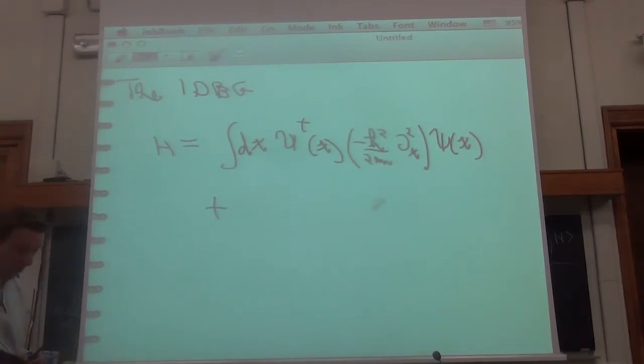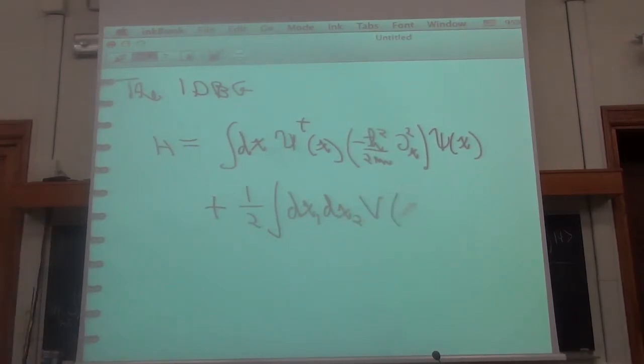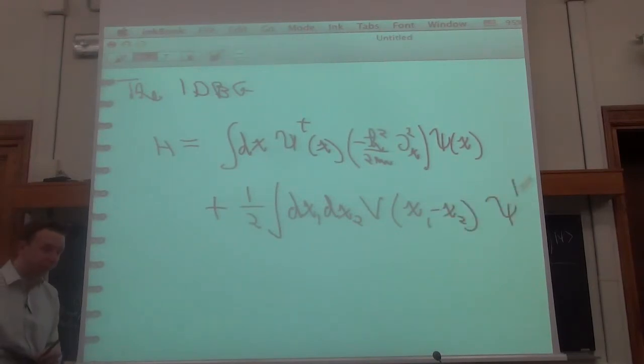So you would write maybe some potential that could be spatially varying, so you would have an integral dx1, dx2. You would have some potential, which in a translationally invariant system would depend on the difference between the coordinates. And then you would have the normal ordered density interaction.